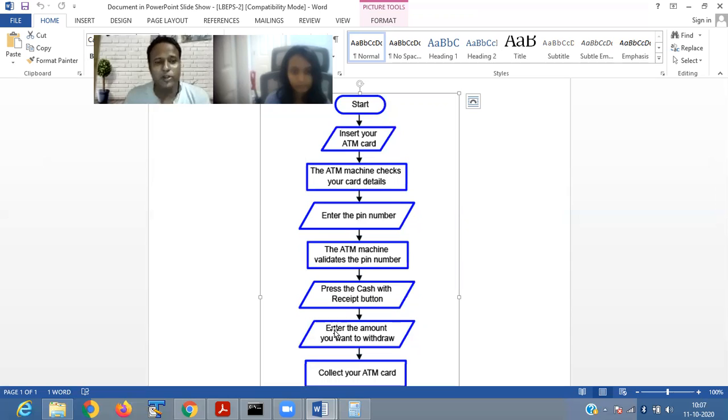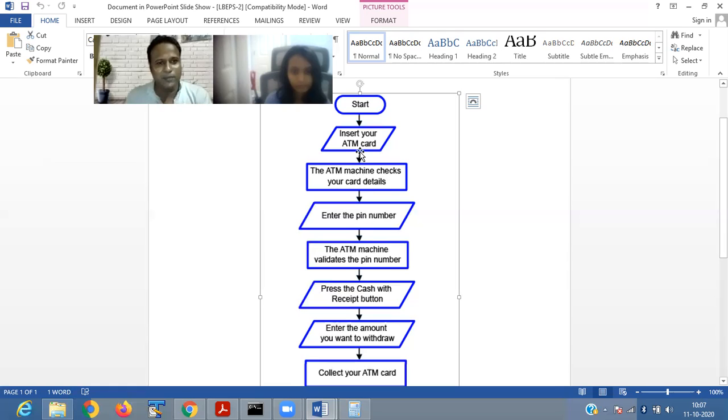In an algorithm we write statements like step 1, step 2, step 3, but here from the graphic you can understand it is step 1, then you go down to step 2, then down to step 3, then down to step 4. Clear?